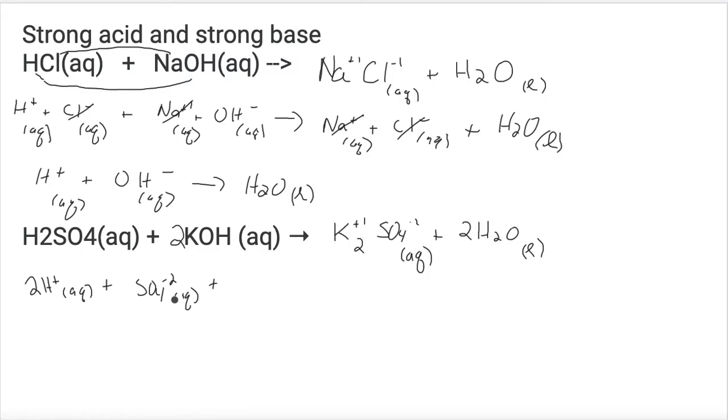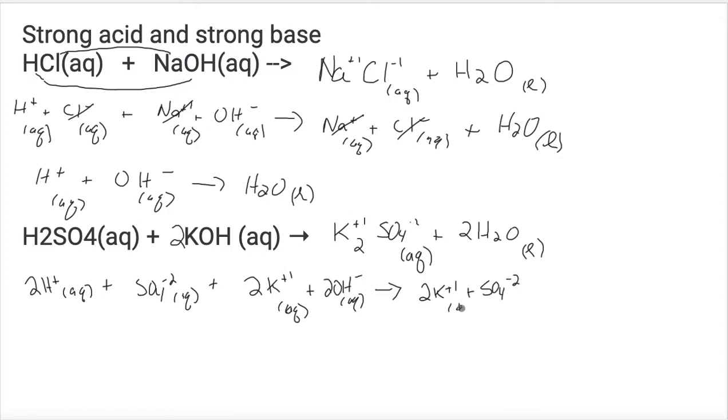Plus 2 potassium ions, plus 2 hydroxide ions. Those are all AQ. Then we're going to have 2 potassium ions, plus a sulfate ion.